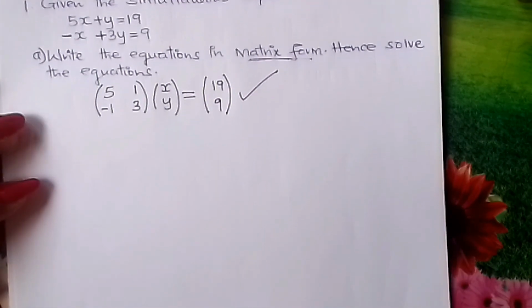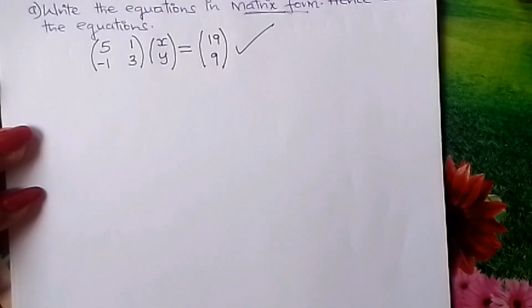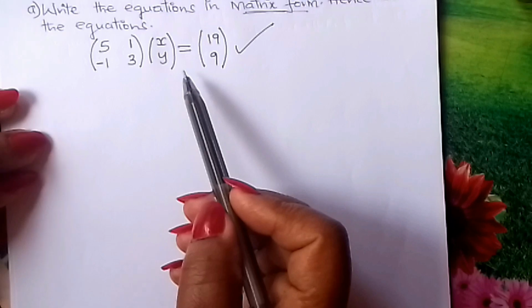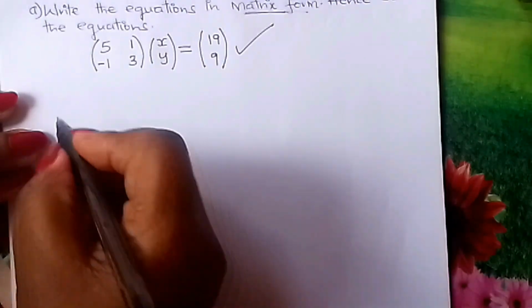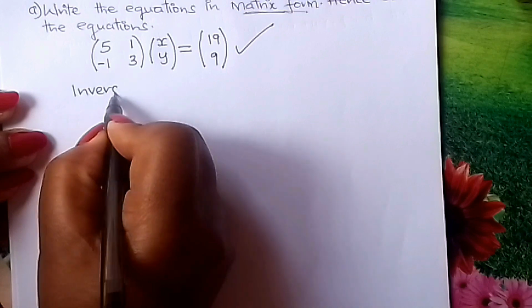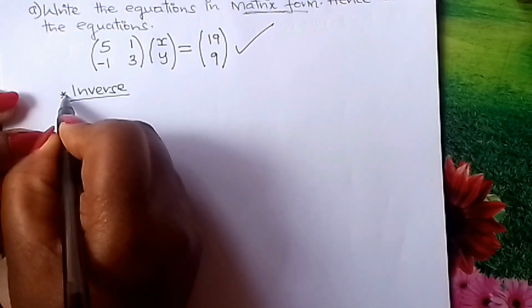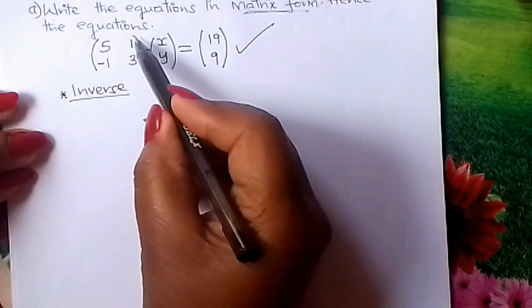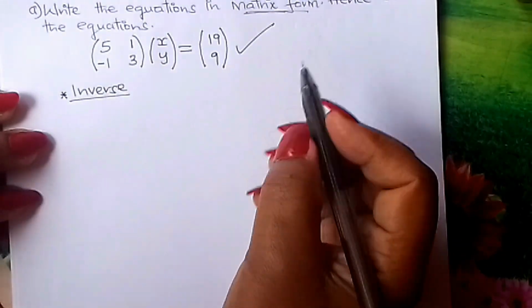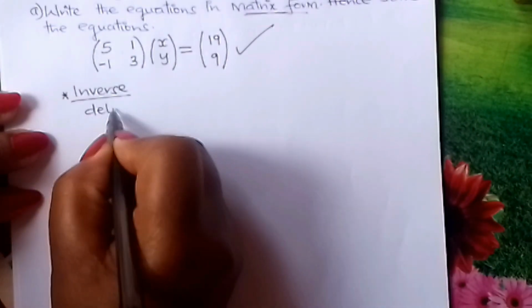From there, learner, we are meant to solve this simultaneous equation. So how do you solve this? The first thing is to find the inverse, learner. The inverse of this 2 by 2 matrix. How do you find the inverse of a 2 by 2 matrix? You first find the determinant.